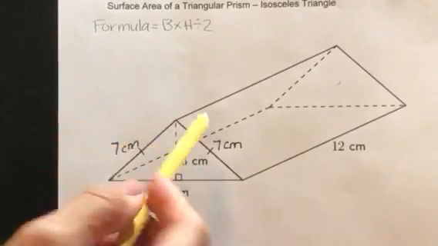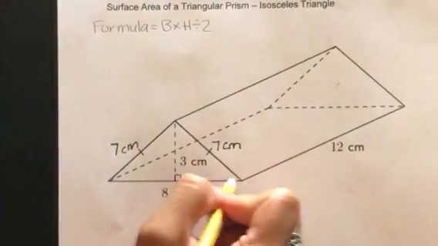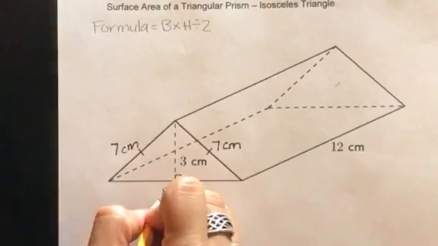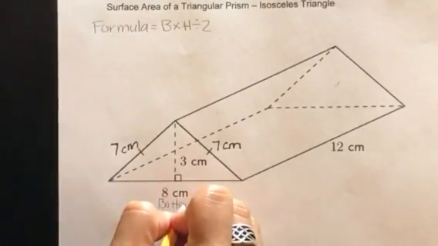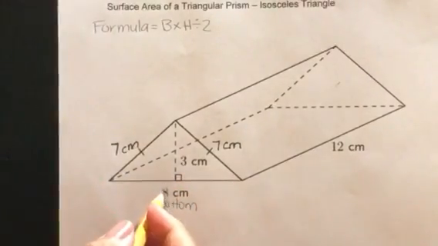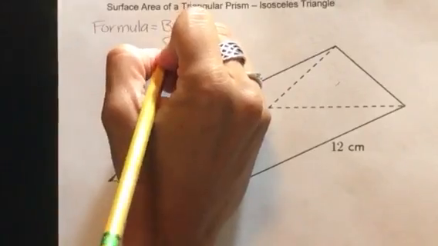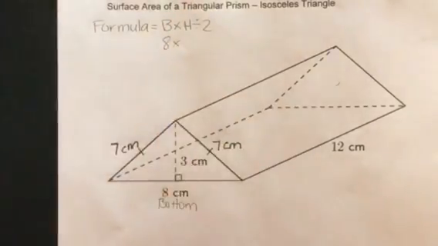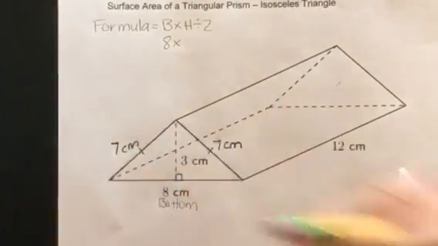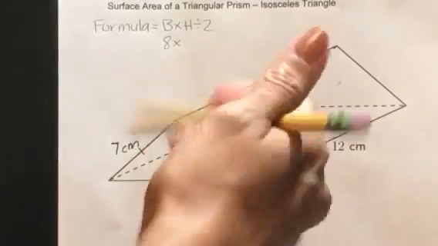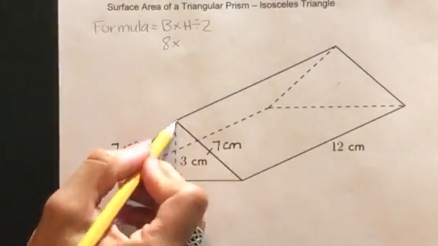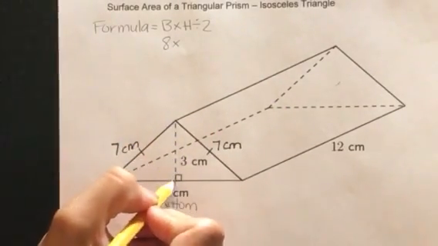If you can see right here, we consider this the base or the bottom of the triangle. So we're going to first use 8 to solve. So we're going to do 8 times 3. 3 would be the height, or how tall this triangle is.